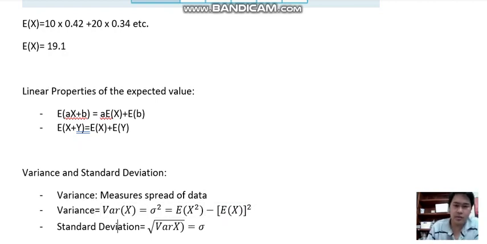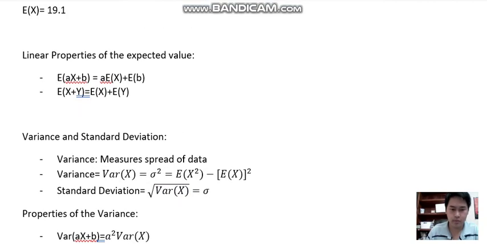The standard deviation, we're going to go through later, but for now it's just the square root of the variance. It tells you how many z-scores it is away from the mean. I'll elaborate on that in later videos, but the square root of the variance of x is the same as sigma.